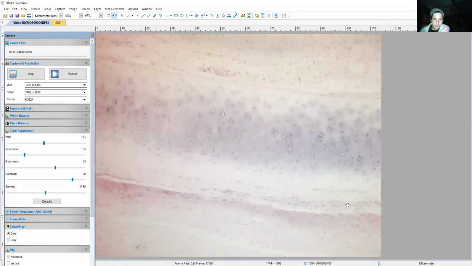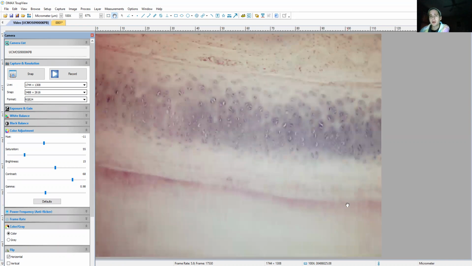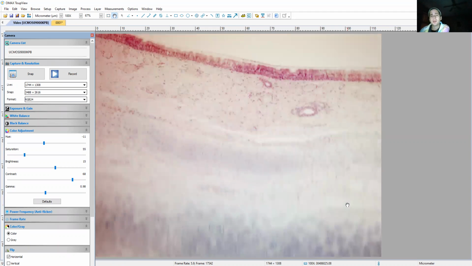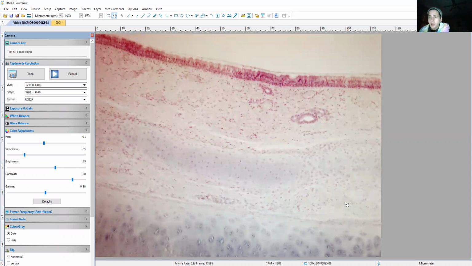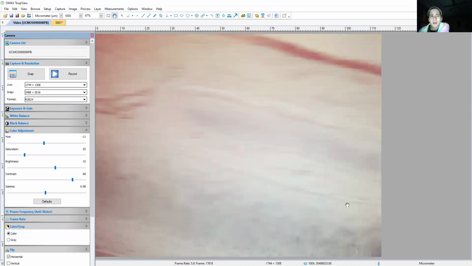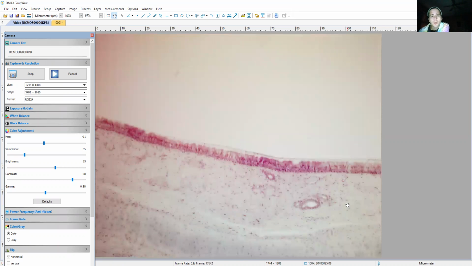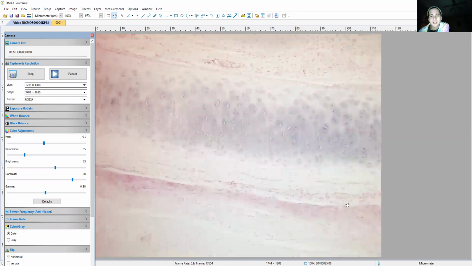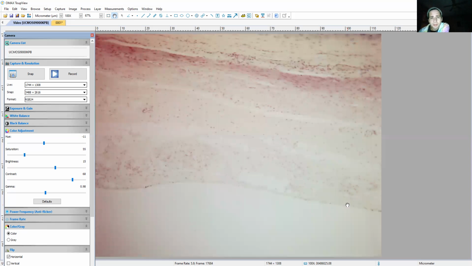So if we were doing this lab in person, this could be a very confusing slide, because when we look at this, we got a whole bunch of stuff going on here. And if I'm being perfectly honest here, not all of it is our cartilage. Okay, so you need to be able to pick out which of all of this is our cartilage, which of this looks like the picture.